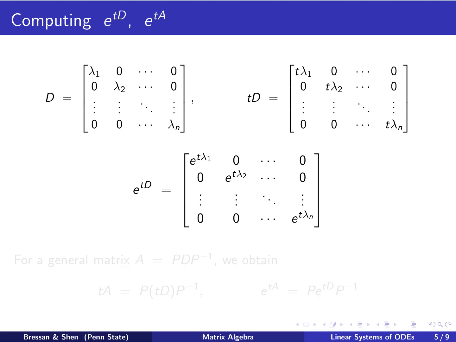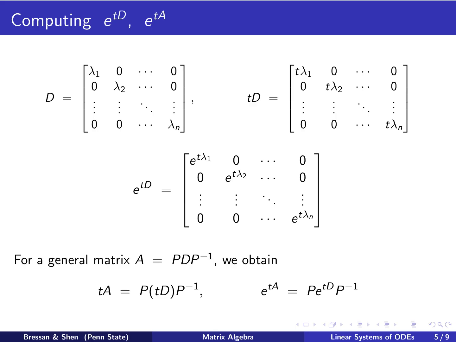And then to compute this as a function with t in it, we want to compute e to the tD and e to the tA. We can quickly review that. If D is a diagonal matrix, then the scalar multiple tD is also diagonal, with t lambda i on the diagonal. When you compute the exponential of it, you will just have the exponential of t lambda i on the diagonal. So this will be e to the t lambda 1, e to the t lambda 2, and so on.